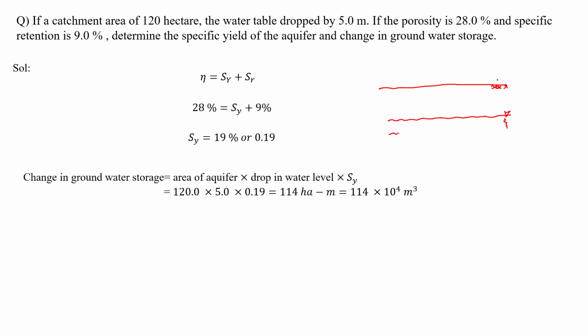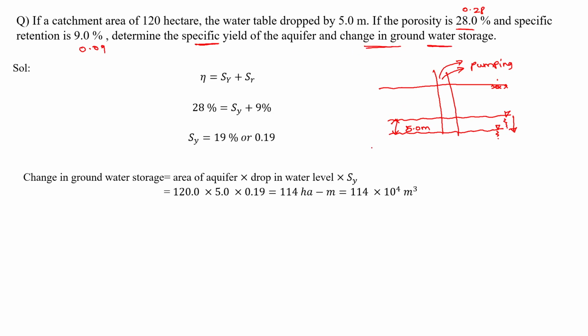Maybe due to some pumping activity, like somebody digging a well, the groundwater table dropped by 5 meter relative to the original level. Now assume this geological formation has a porosity of 28%, which can be expressed as 0.28, and a specific retention of 0.09. Our aim is to calculate the specific yield and the change in groundwater storage.